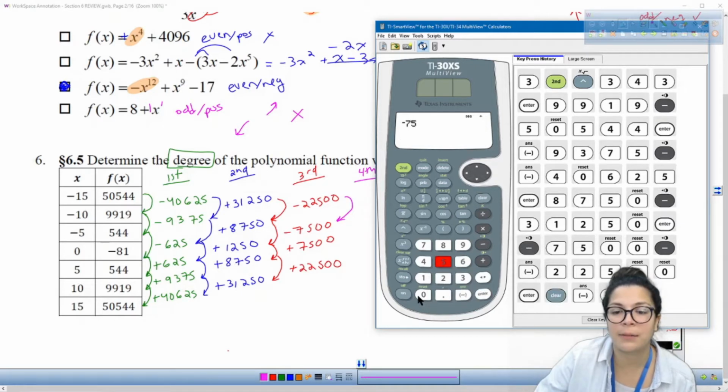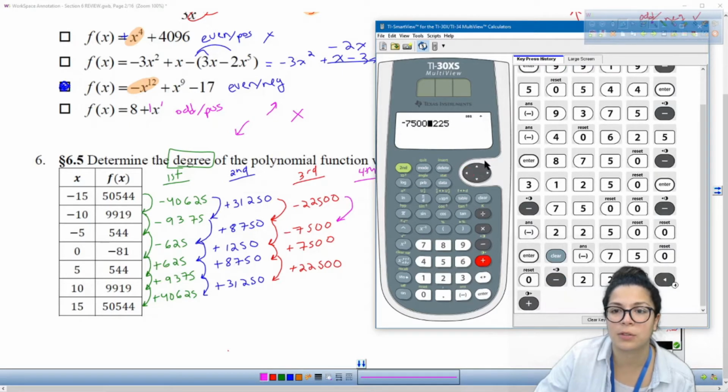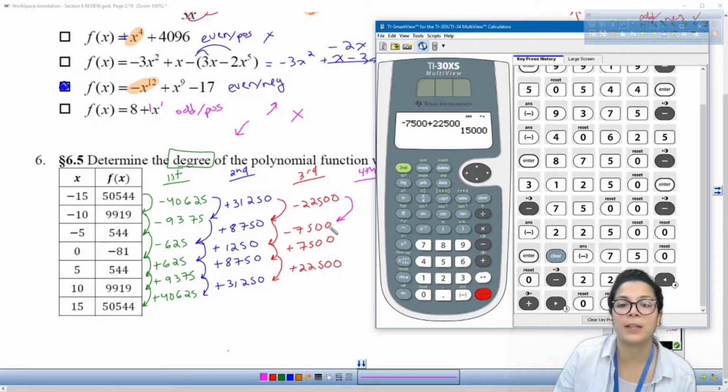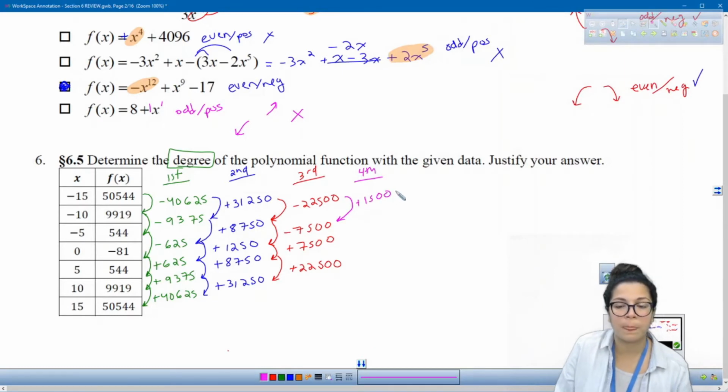Negative 7,500 minus negative 22,500, which is really a plus. So let's just change that to a plus. We get 15,000. So I need to add 15,000 to this in order to get to negative 7,500.